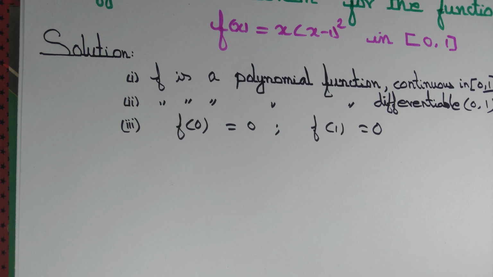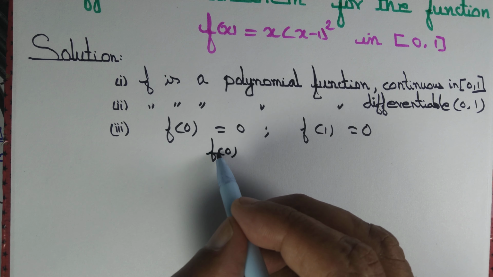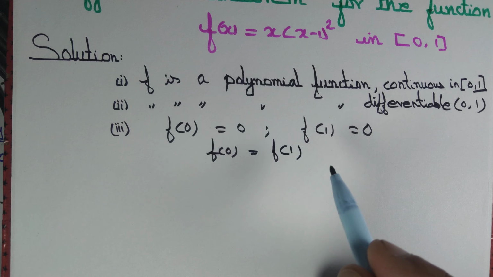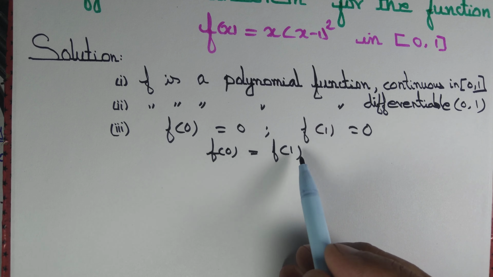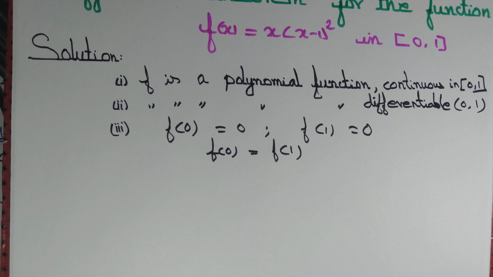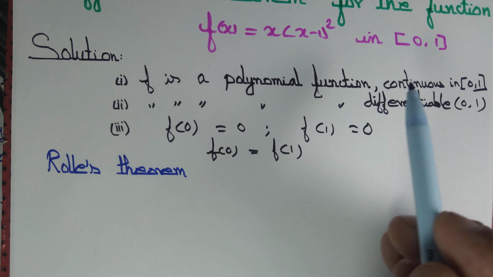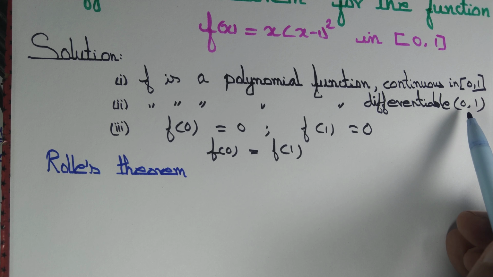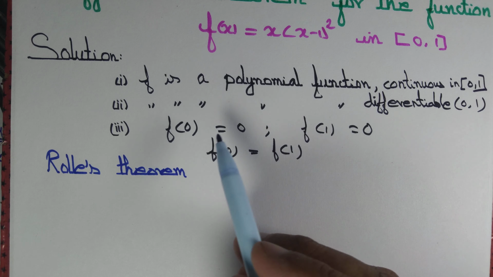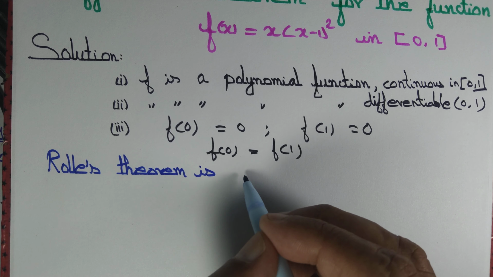So third point, we observe that f(0) equal to f(1). The end points are 0 and 1, and the value of the function at the end points are the same. Since all three conditions are satisfied, the function is continuous in the closed interval, differentiable in the open interval, and the values at the end points are equal, Rolle's theorem is applicable.